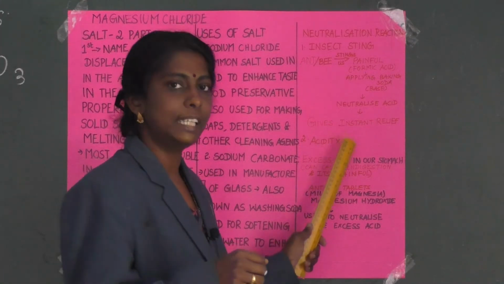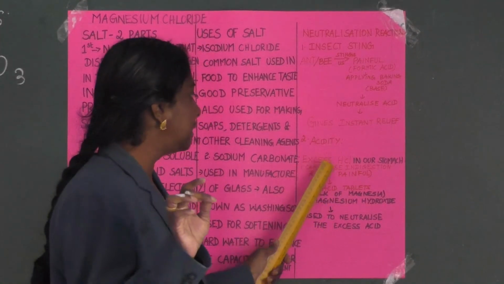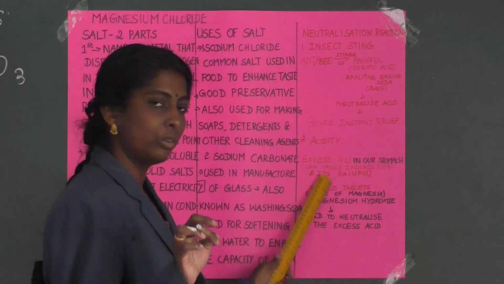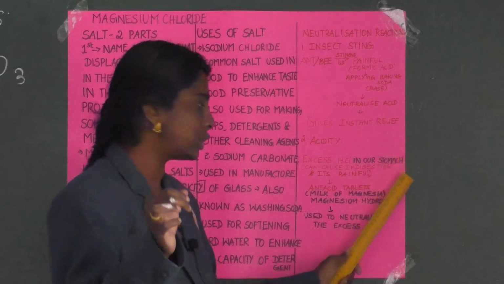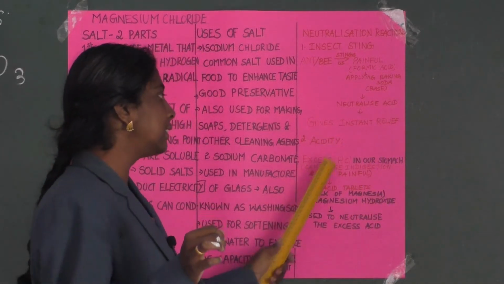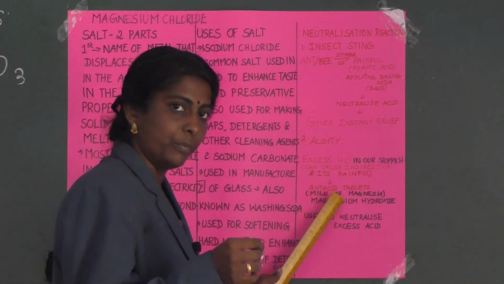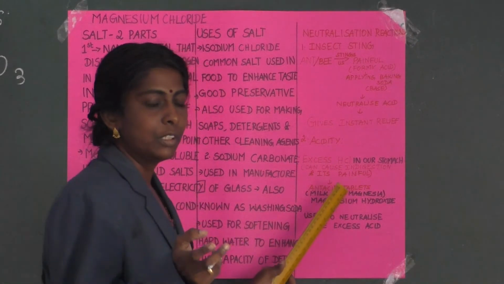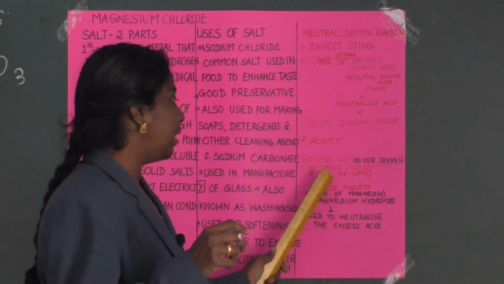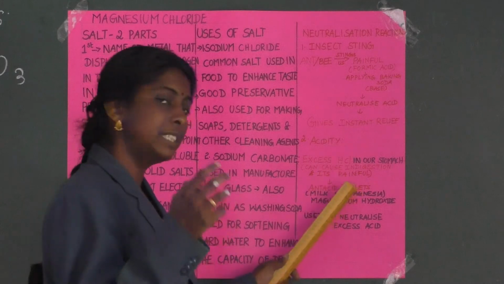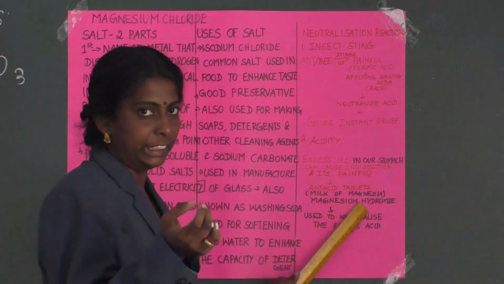Clear, children? Yes. Now the second point, excess hydrochloric acid. Excess hydrochloric acid in our stomach can cause indigestion and it's painful. To treat this, we take antacid tablets, which is milk of magnesia.